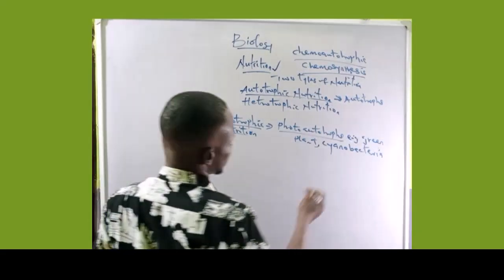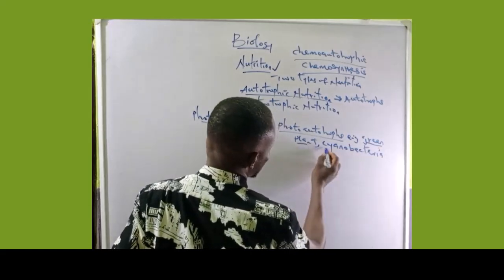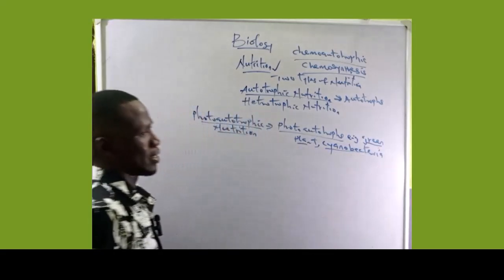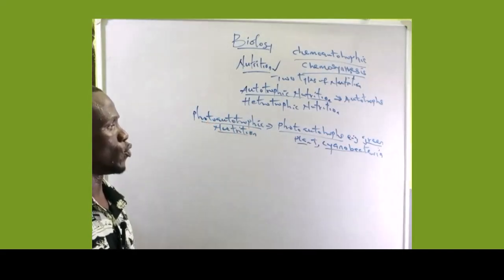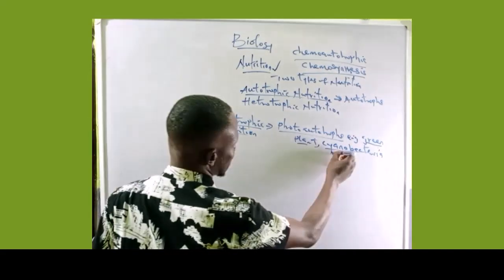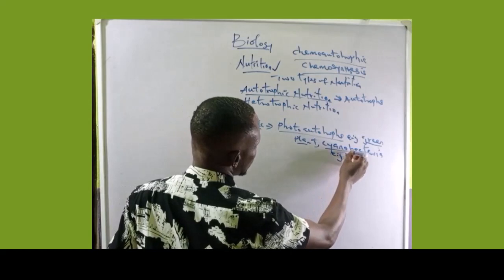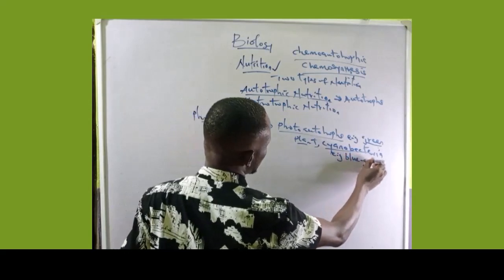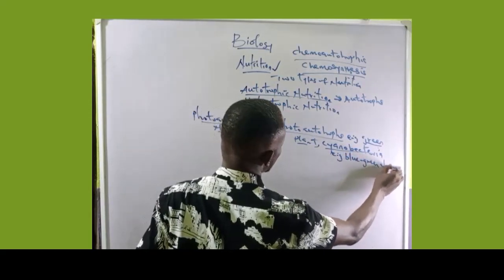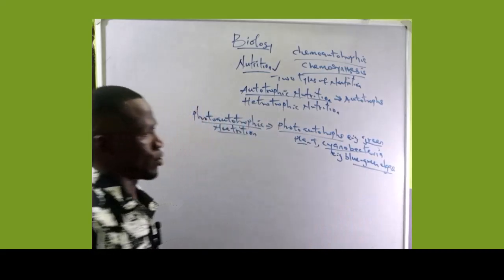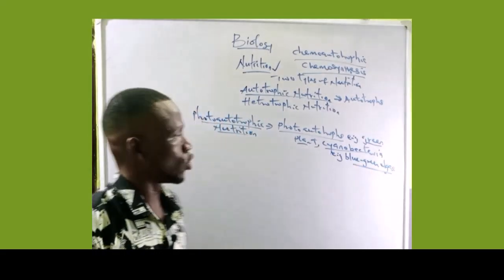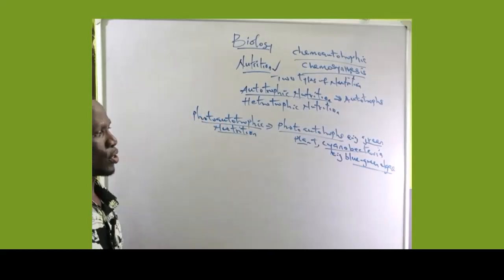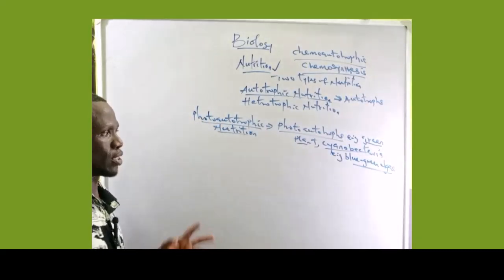Coming to photoautotrophs, examples are green plants and cyanobacteria, which are bacteria that undergo the photoautotrophic mode of nutrition. An example of cyanobacteria is blue green algae. Blue green algae is not the same as green algae.